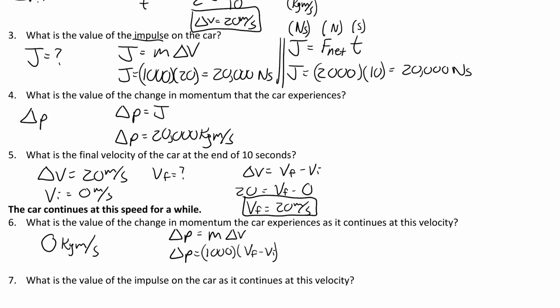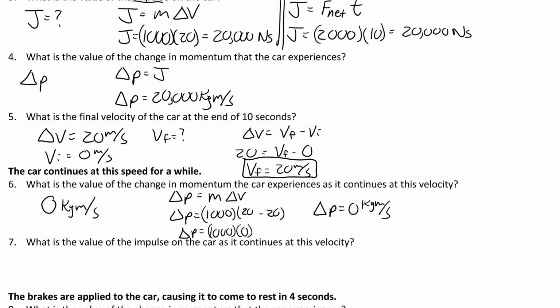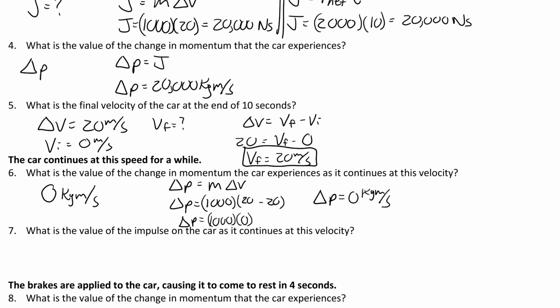So instead of VF, you write 20 because you stay at the same speed the whole time, and your initial velocity is also 20. So 20 minus 20 is 0, so your change in your momentum is equal to 1,000 times 0. You didn't change your velocity, so 1,000 times 0, your change in momentum is equal to 0 kilogram meters per second. But technically, you didn't really have to do any calculations for that because you should just know if you're not changing your velocity, not changing your mass, you're not changing your momentum.